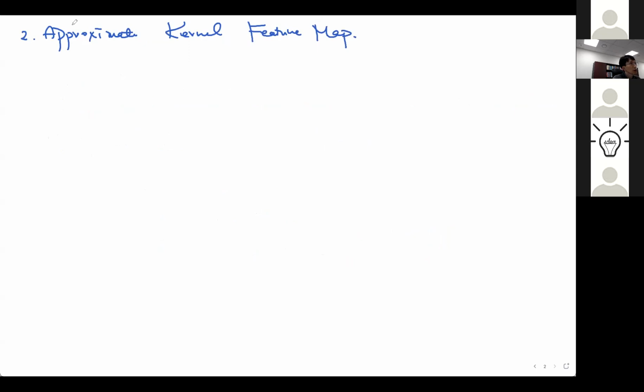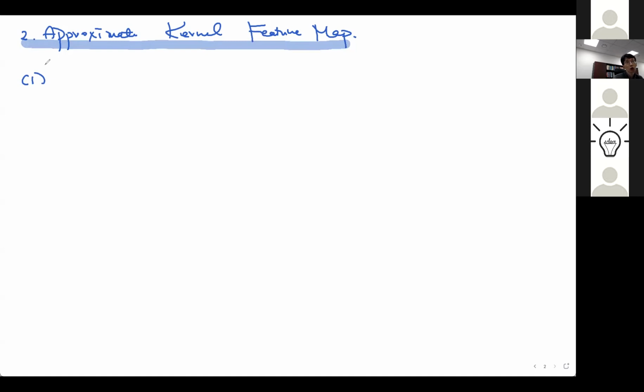So the algorithms that are based on kernels are pretty good. For instance, although we are not talking about this, there are algorithms based on so-called Gaussian processes. They can be expressed in terms of kernels.